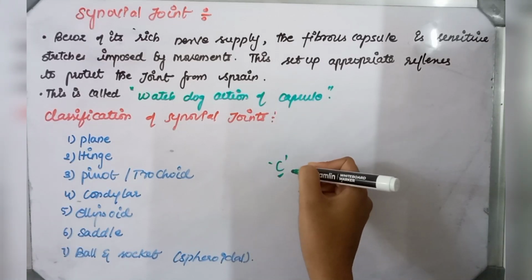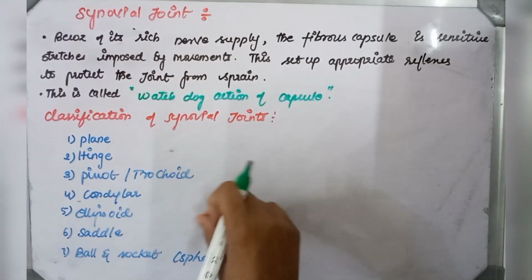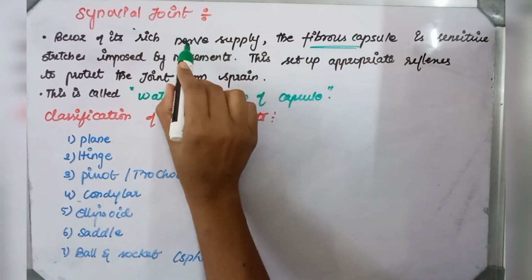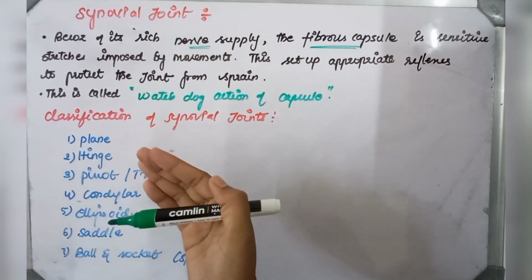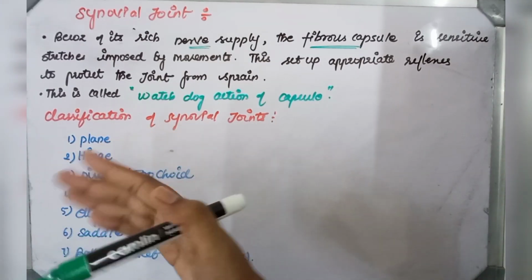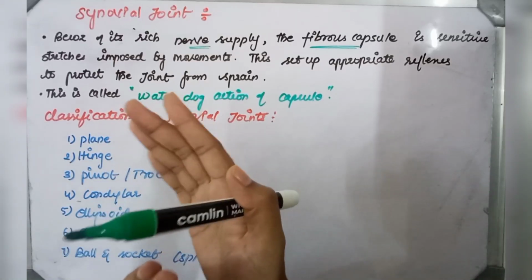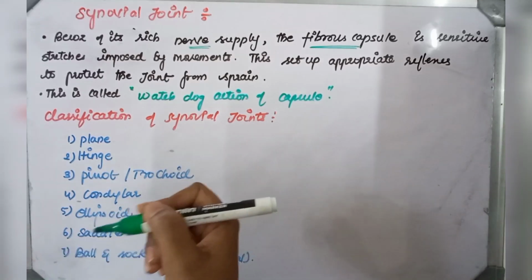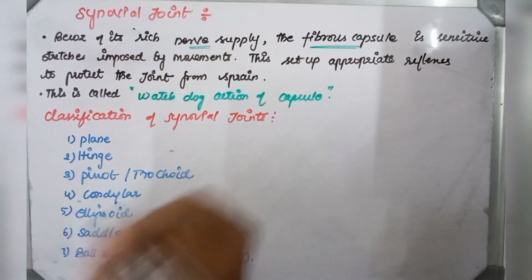An important point to note in the synovial joint is the cartilaginous part. The articular cartilage is avascular and non-nervous, but we have to remember that the fibrous capsule is richly supplied with nerves. The fibrous capsule has a rich nerve supply so that in case of any sprain, injury or other trauma to these joints, it protects the joint by a reflex action.